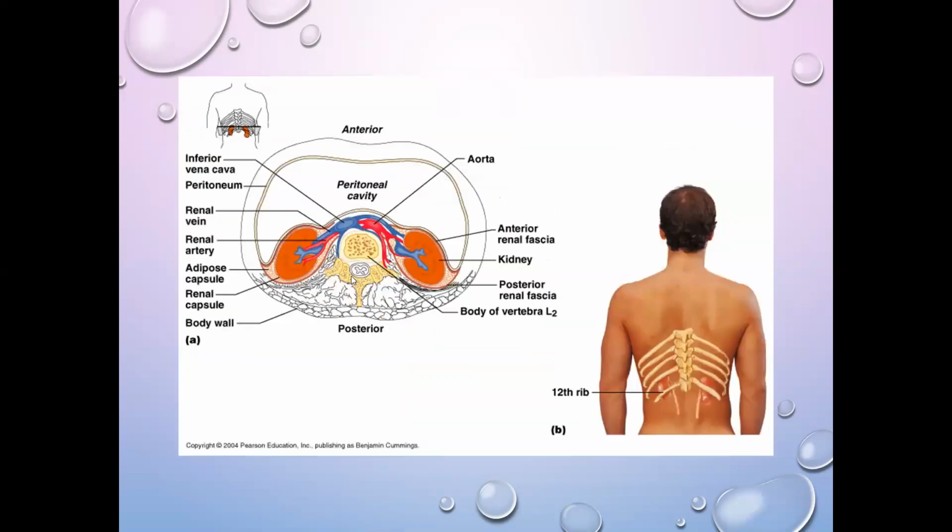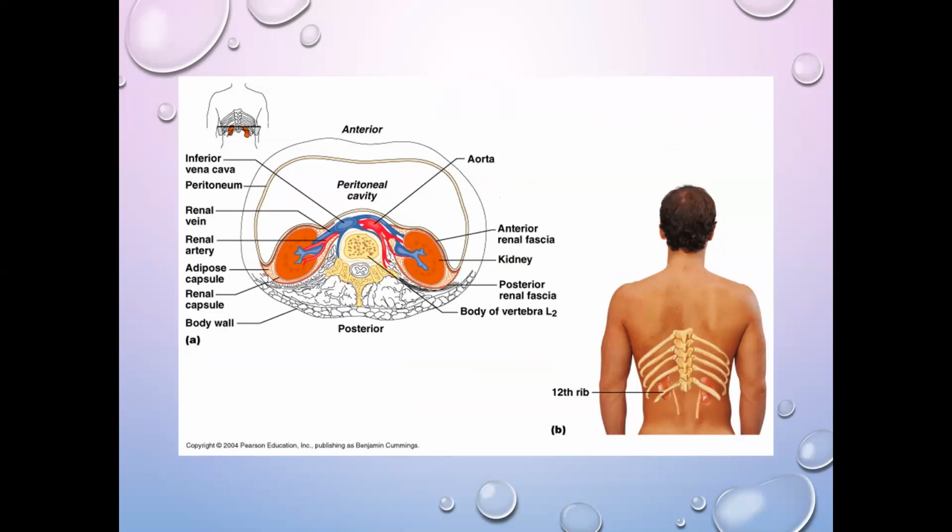Okay, so they are retroperitoneal, which means they are behind the peritoneal cavity because they formed separately and independently. It also means they're protected from anything that might happen in the peritoneal cavity, any kind of infection. If my appendix ruptured, for example, that infection could not get into my kidneys.